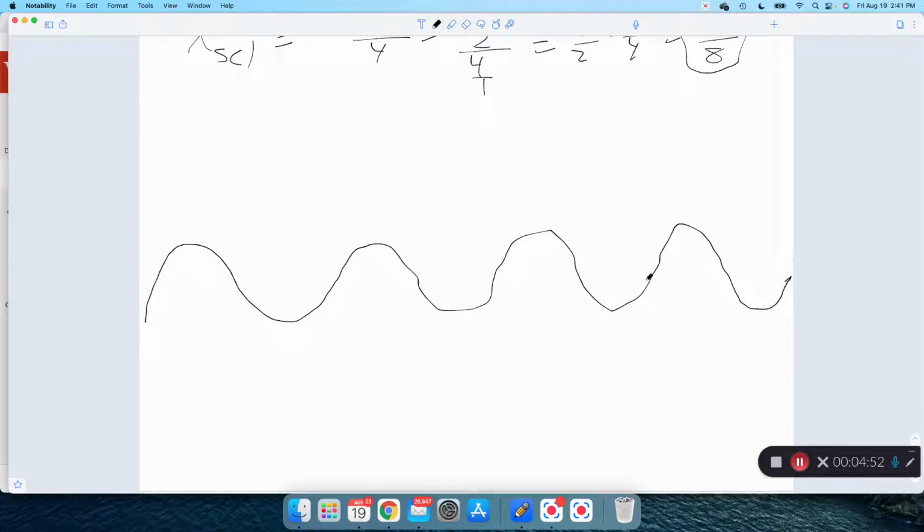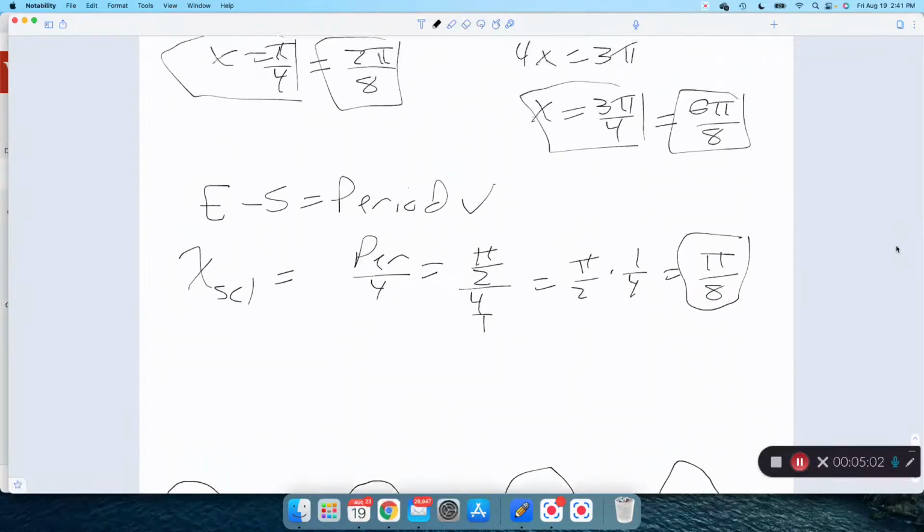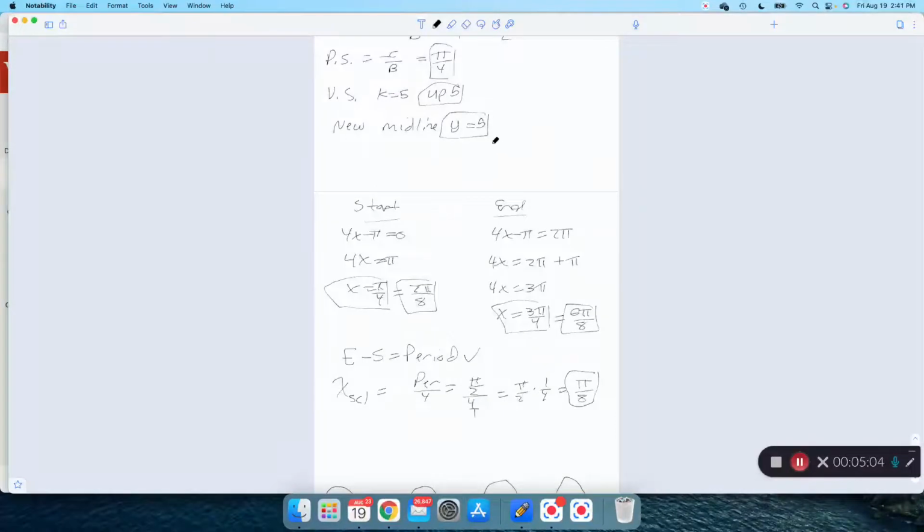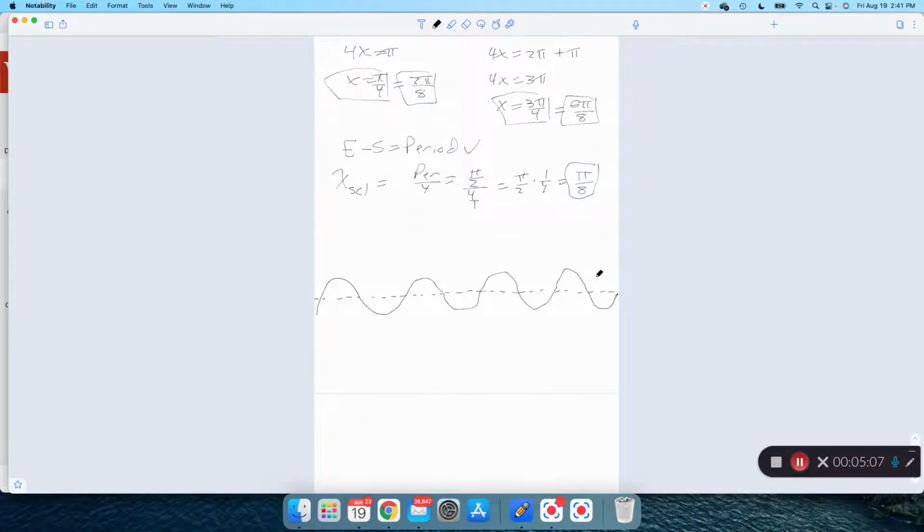Okay, we have a vertical shift, so the midline we want to draw dotted. This is not the x-axis. This is the vertical shift. This is y equals 5. So let's write that down there. That is the line.